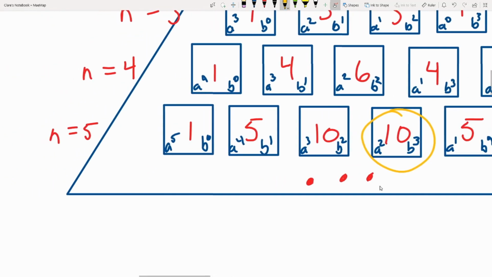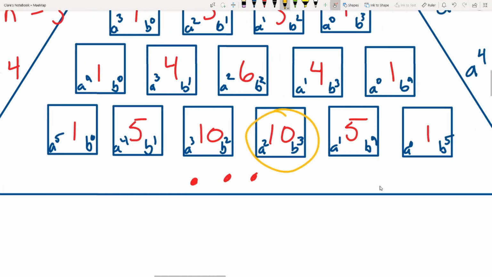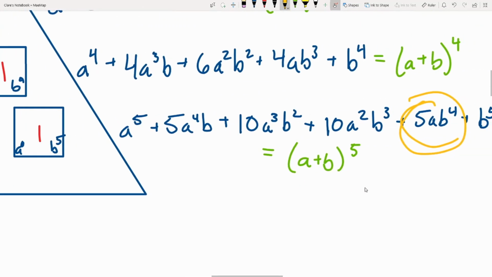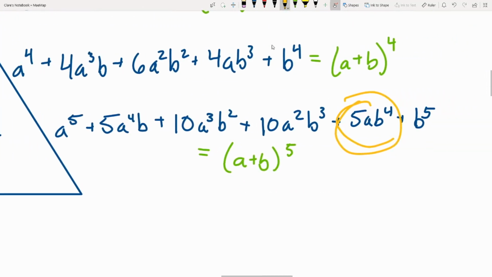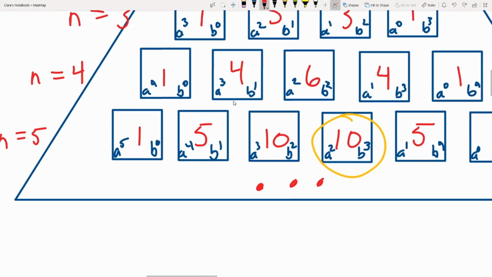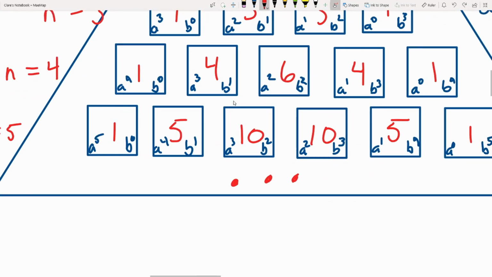And again, I'm looking in this row where n is equal to 5. If I go over to my polynomial expansion, that's going to occur not where I previously had circled in yellow, but 10a squared b cubed. Again, that's 10a squared b cubed.